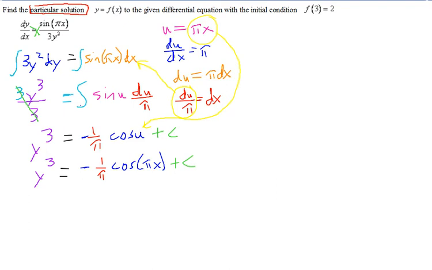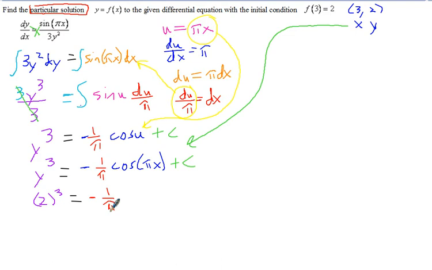Then to find c, remember we're given this initial condition, this is the point (3, 2). So there's your x and there's your y. So we can just substitute those in for x and y. So y we have 2, so that'd be 2 cubed equals negative 1 over pi cosine of pi x.